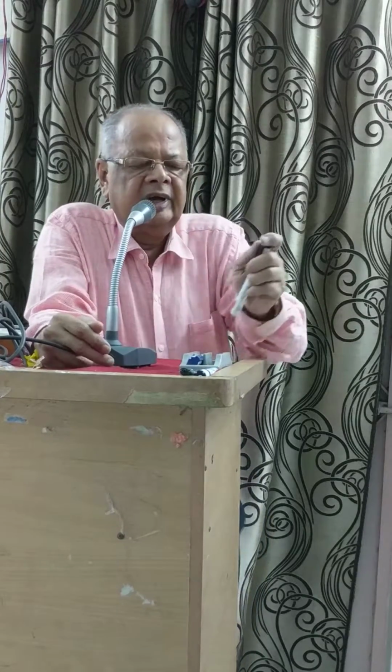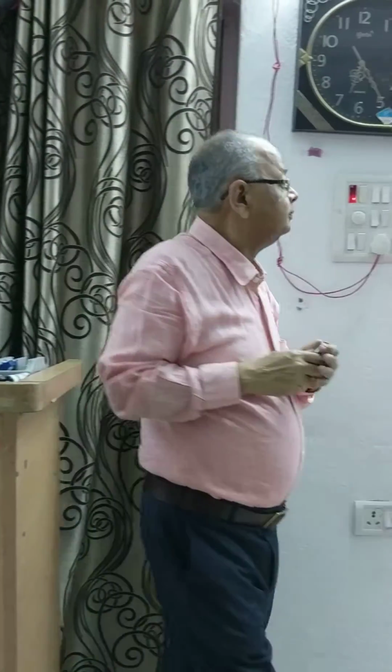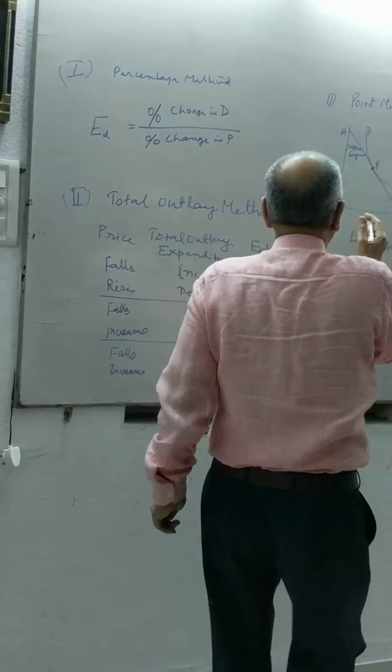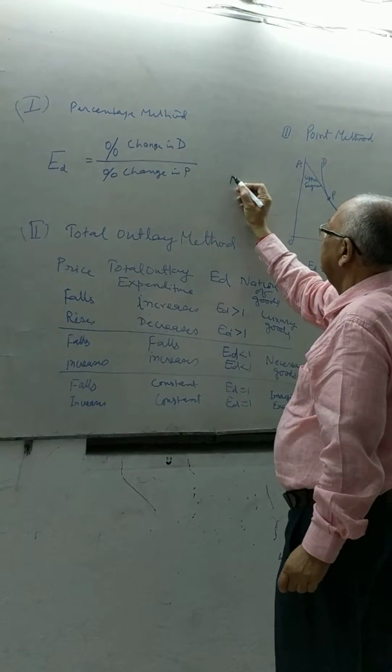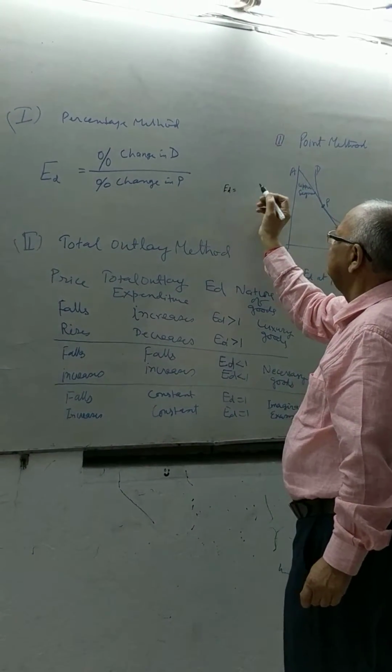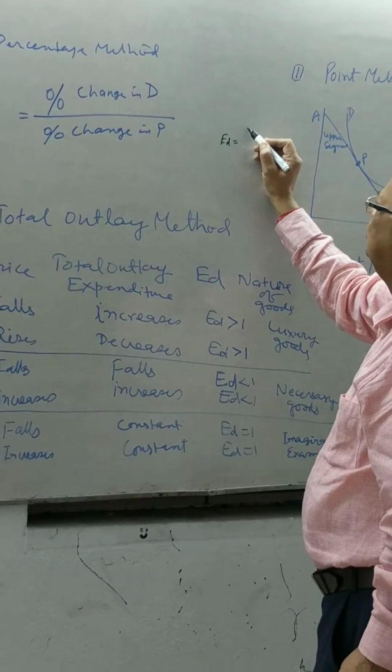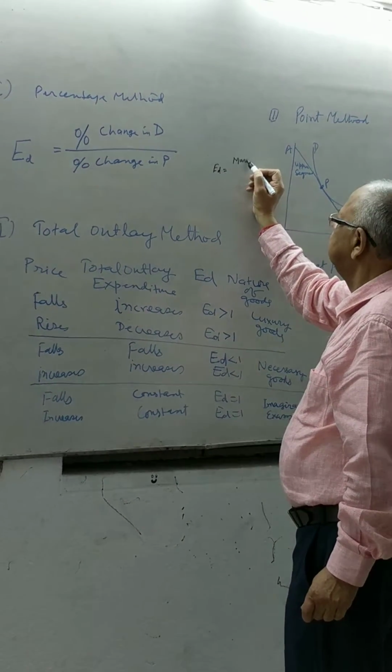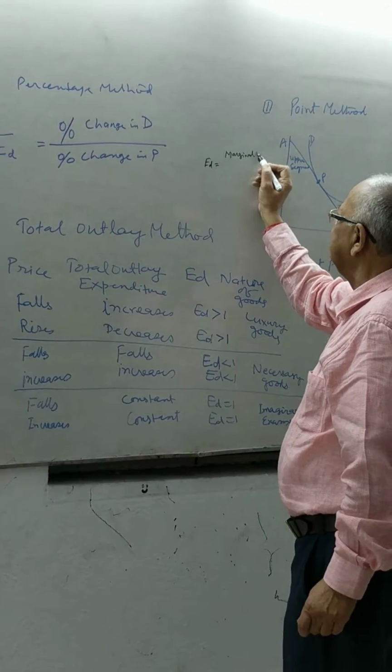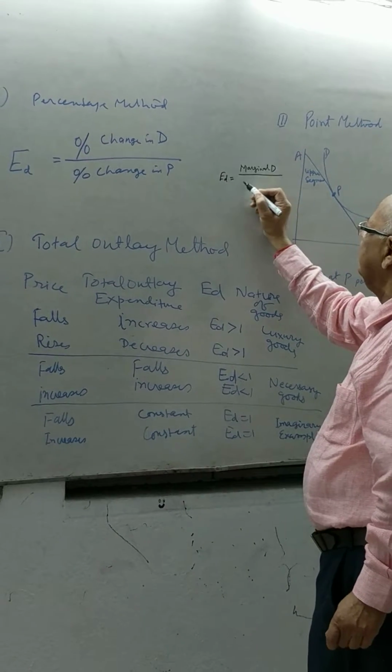As we see in the diagram, elasticity of demand is equal to marginal demand by average demand.